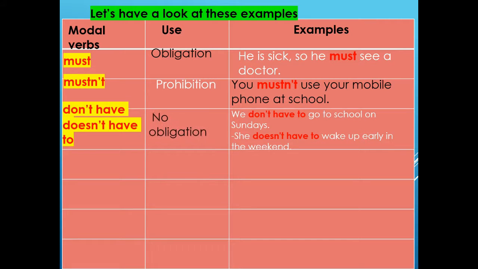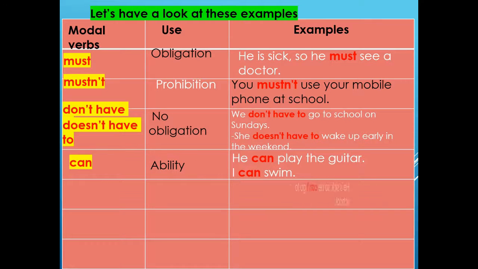Their function is that they express no obligation or lack of necessity. The next example: he can play the guitar and I can swim. The modal in this case is can. The function in this sentence is that it expresses ability.